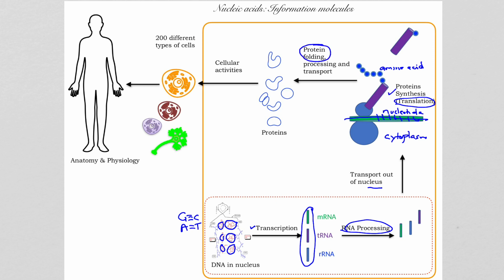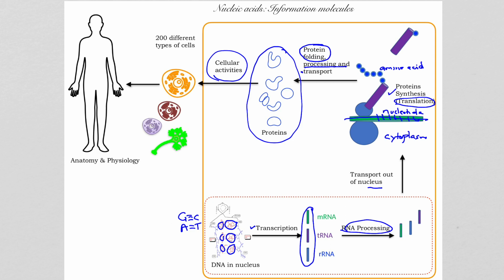The protein undergoes folding. Some proteins may be processed, and then the protein is transported to the right location in the cell where it's going to function, and your cell has all of these proteins, and these proteins help the cell carry out most of its cellular activities.